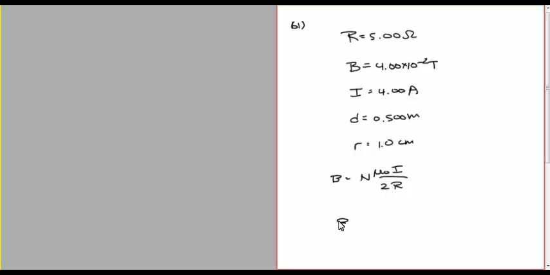And we also have B is equal to mu0 n times I, where n is equal to the number of turns per unit length of the solenoid. We have a radius, a current, we know mu0, we know the magnetic field, so you should be able to calculate the number of turns needed.